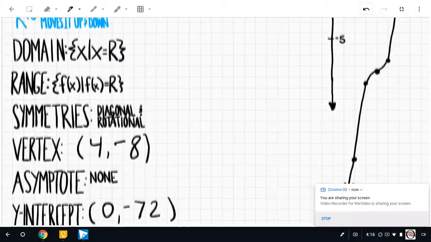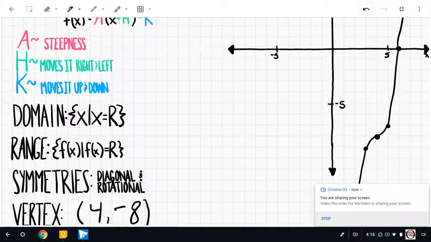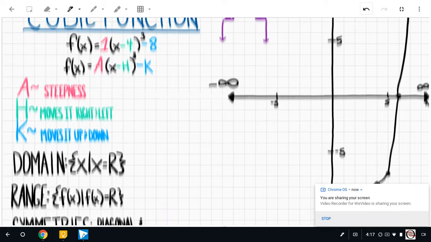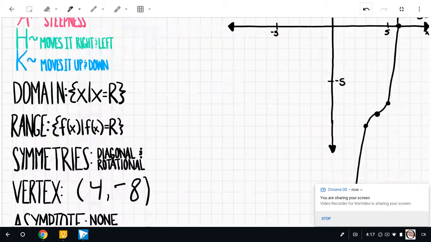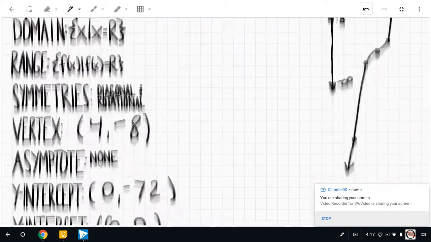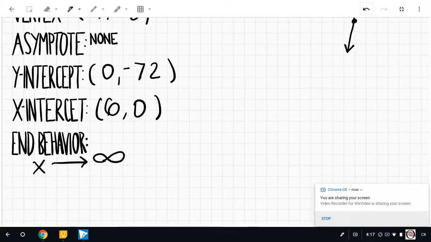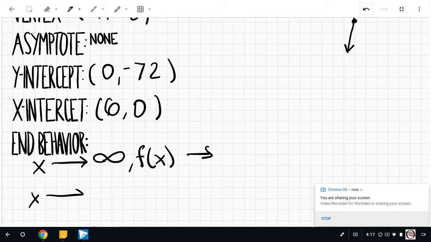So before we start, I'm going to go ahead and label. This is infinity. This is negative infinity. This is infinity. And this is also negative infinity. So end behaviors, it talks about the graph. When you write end behaviors, for cubic, you're going to have 2 x's.